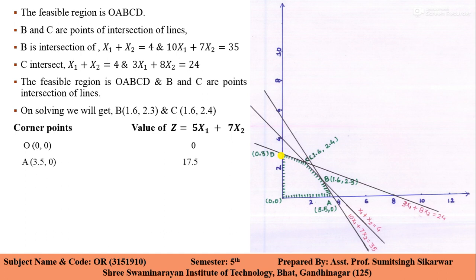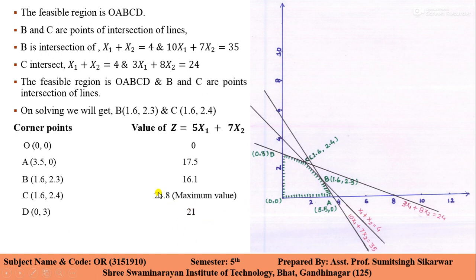By putting O (0, 0), we'll have z = 0. For the value of A, we will have 17.5. For the value of B, we have 16.1. For the value of C, we'll get 24.8. And for the value of D, we'll get 21.